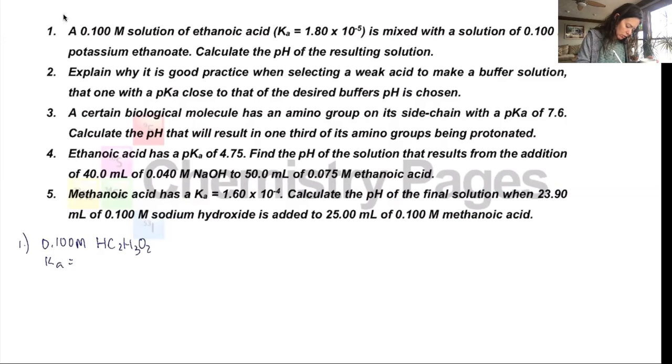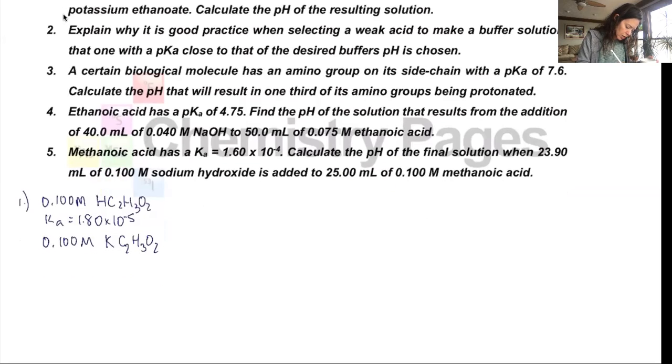Ka equals 1.80 times 10 to the negative fifth. It is mixed with a 0.100 molar solution of potassium acetate. All right, recall that this completely dissociates into potassium ions and acetate ions.